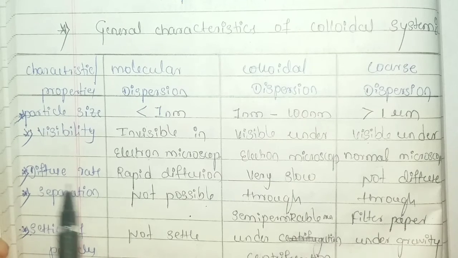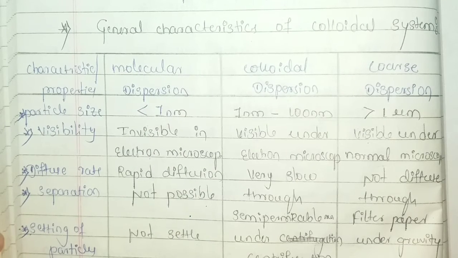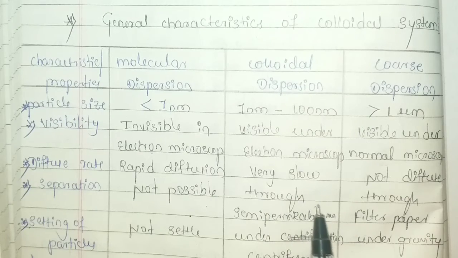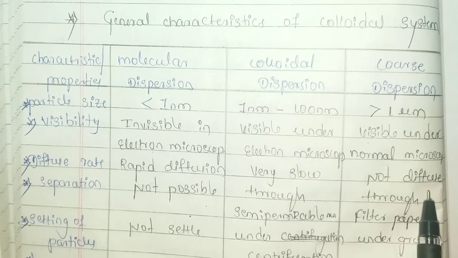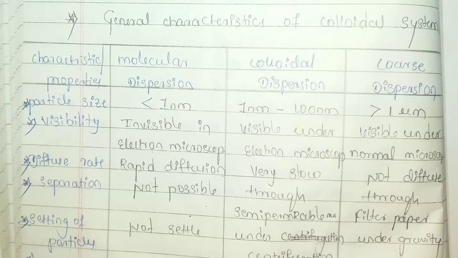The second one, the diffusion rate. The molecular dispersion diffuses rapidly, the colloidal dispersion diffuses very slowly, and the coarse dispersion does not diffuse because the size is greater than 0.5 micrometers or 1 micrometer.